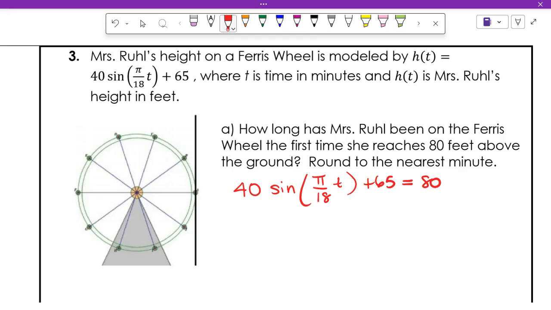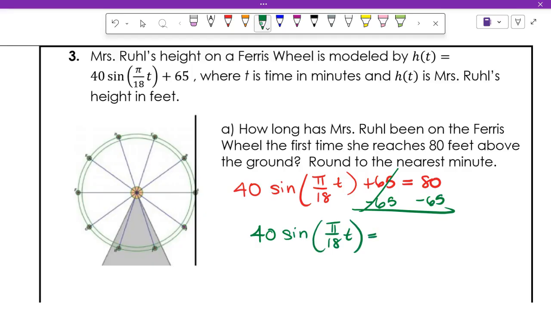Okay. How long has she been on the Ferris wheel? That's time. It's asking me time, so I'm solving for time. So again, I'm going to follow the same steps as we did before. I'm going to subtract 65 from both sides. So that's going to get me 40 sine pi over 18t is equal to 15.